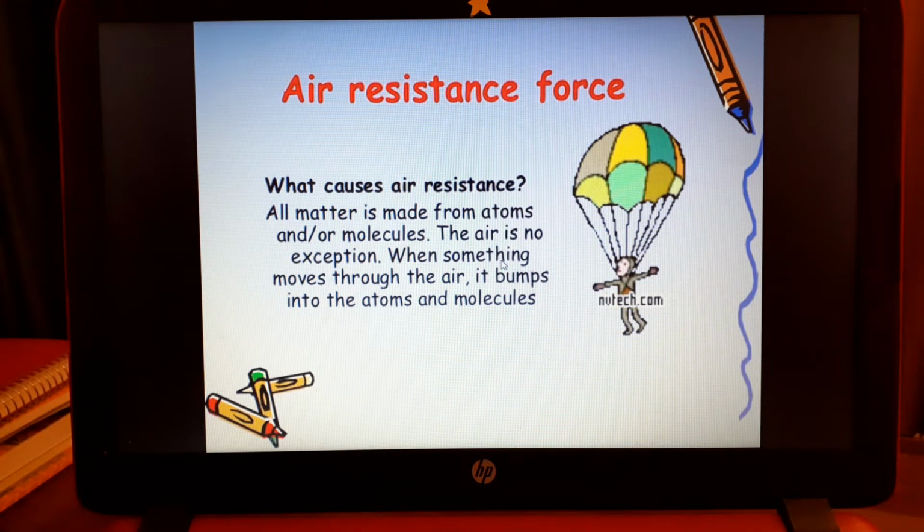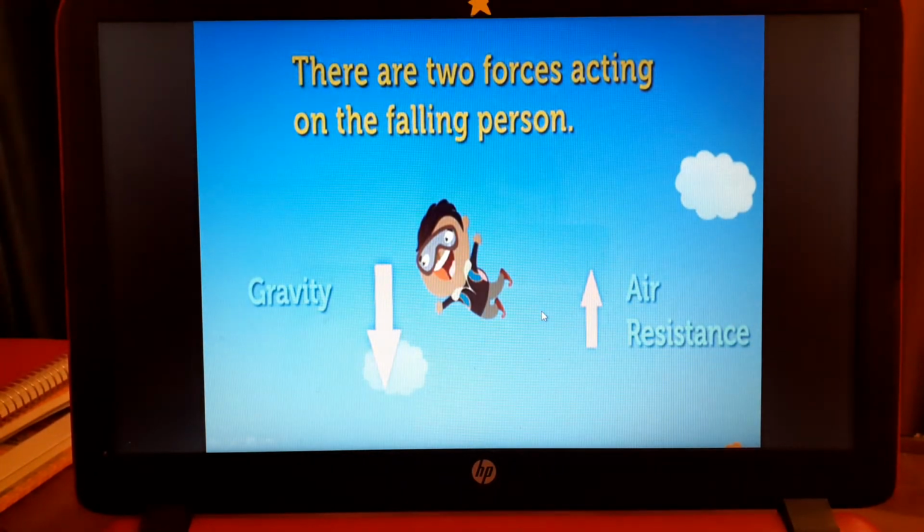Okay, so what causes air resistance? Basically air particles. When they hit the parachute, they stop it from falling down, so they oppose the motion of a parachute. Again, why does an object go down? Well, because gravity works on their mass, so it pulls them down, while air resistance tries to resist that.